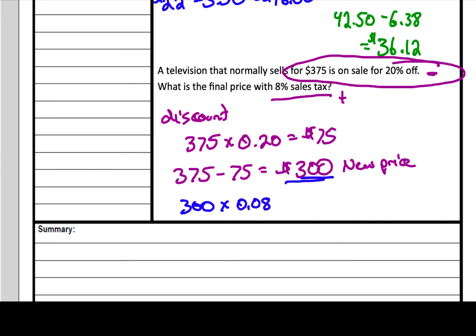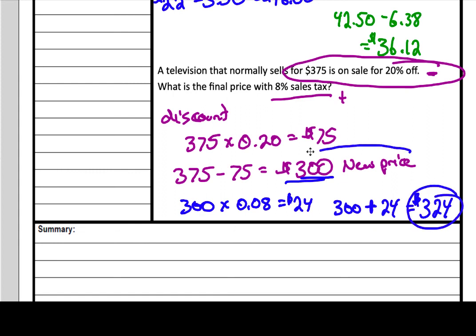So 300 times 0.08 is $24. That's my sales tax. So that gets added to my price. So I paid $324 for that TV. The key is that new price is what gets used for your sales tax, okay?